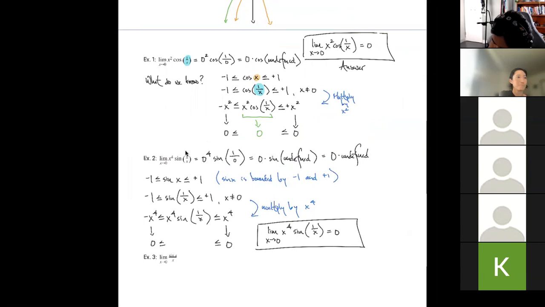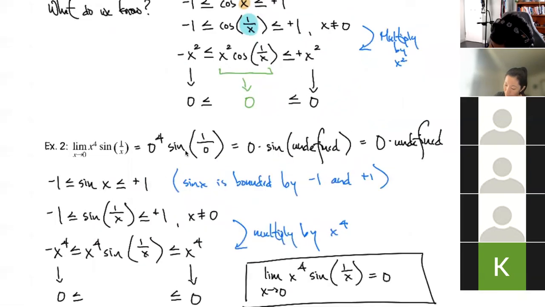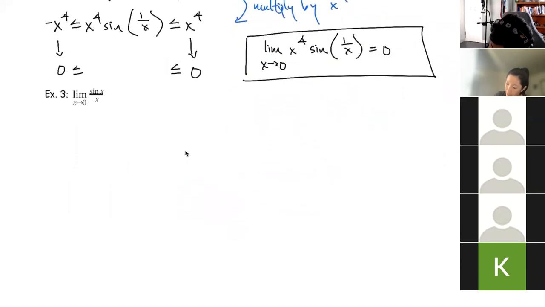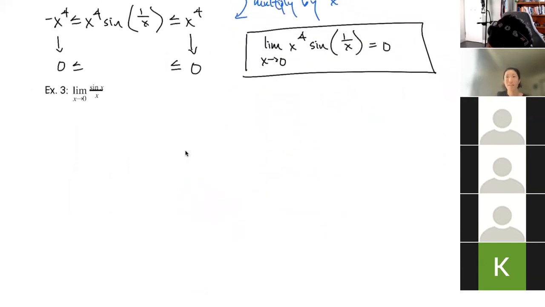Great question though. All right, let's do one more example here with the squeeze theorem. Limit as x approaches 0 of sine x over x. Well, don't we know the answer to this question? And the answer is yes.